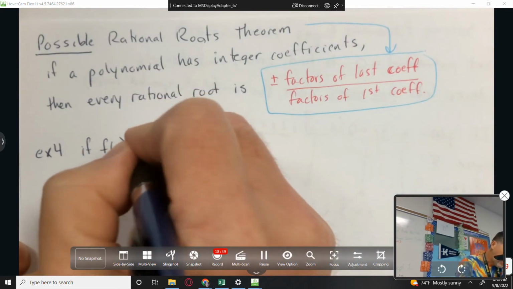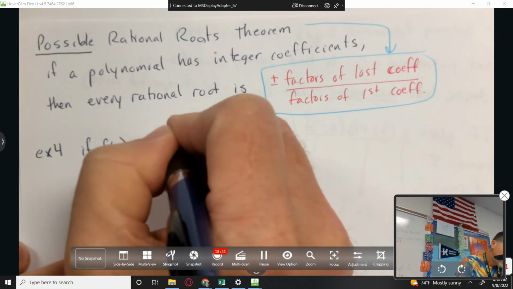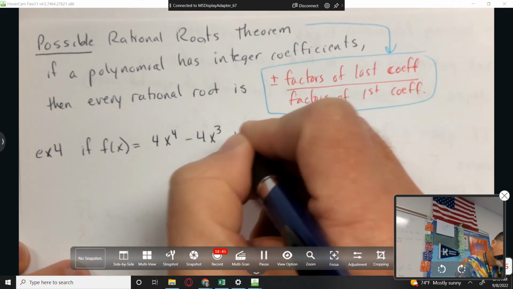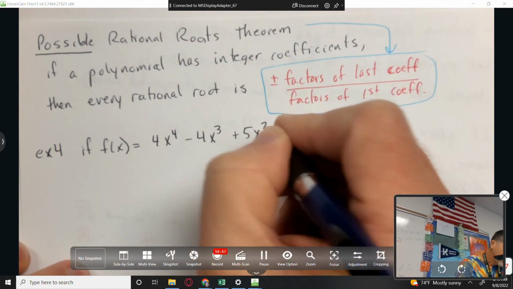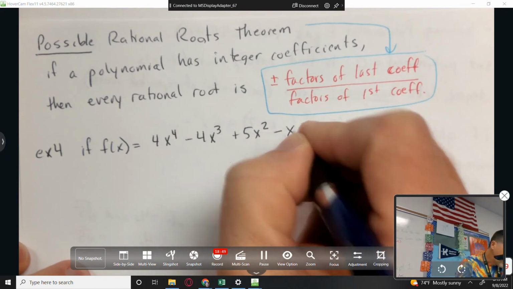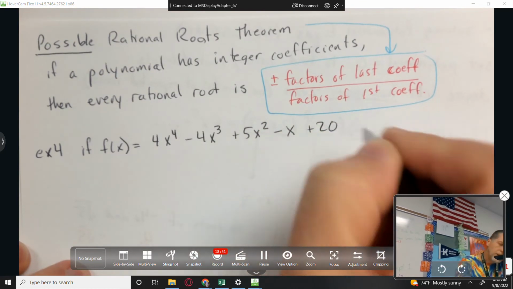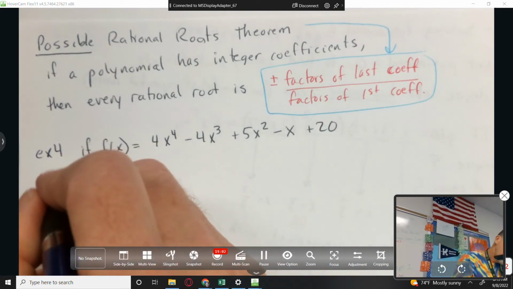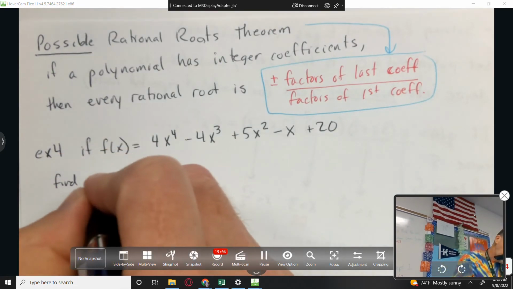If f of x equals 4x to the fourth minus 4x cubed plus 5x squared minus x plus 20, let's find the possible rational roots.